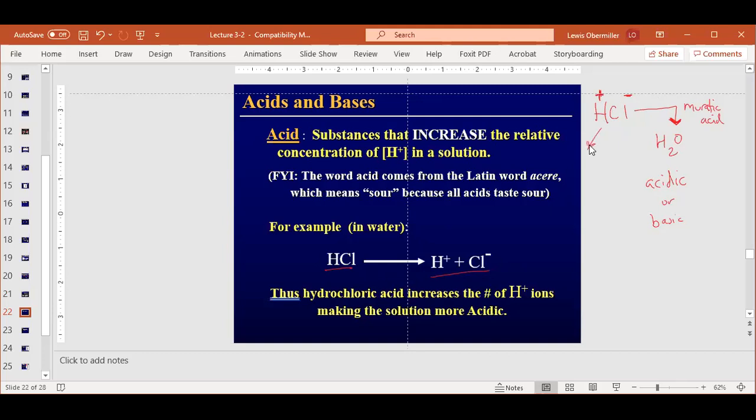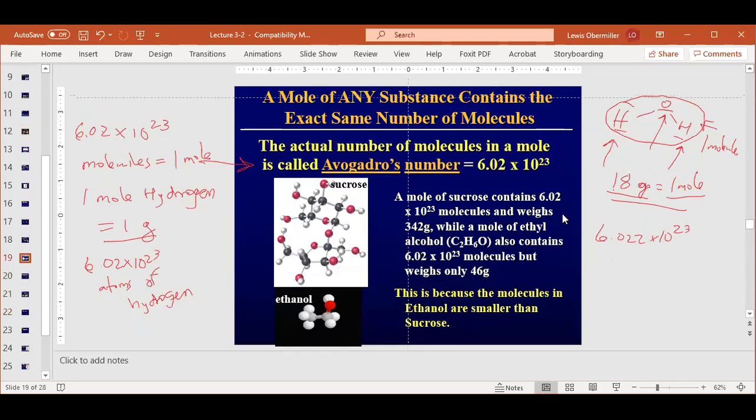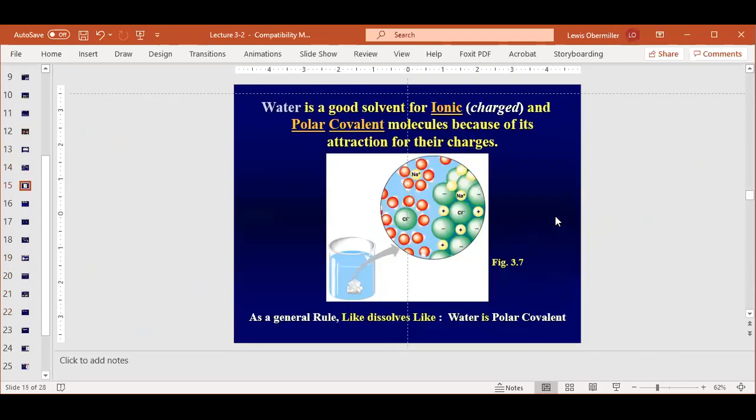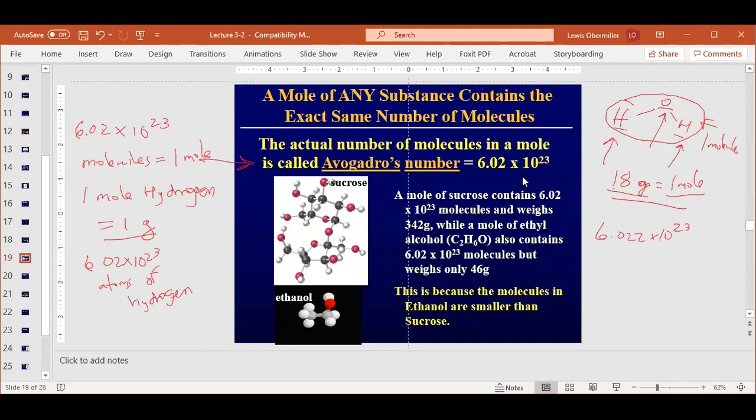And we talked about that in chapter 3 or 2. Actually, we talked about it this chapter. Let me just back up just to remind you guys. So right here, we talked about how oxygen surrounds on the positive side and hydrogen surrounds on the negative molecule. So that's what I'm talking about.